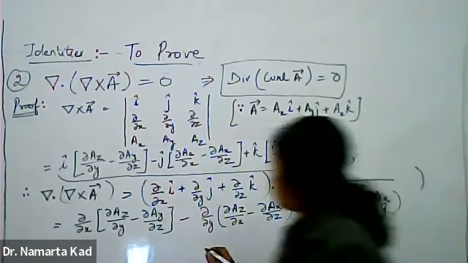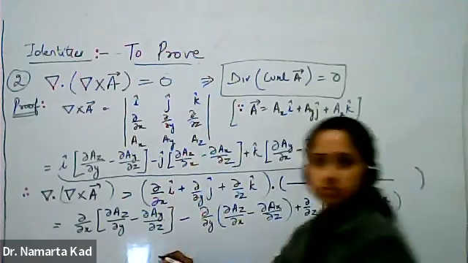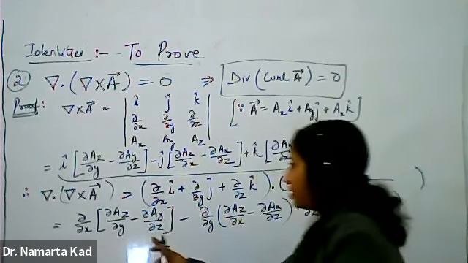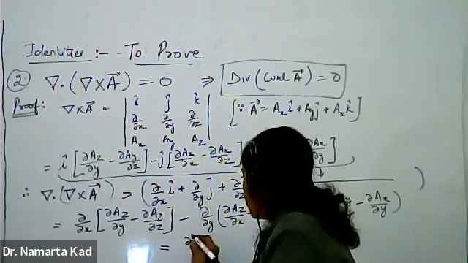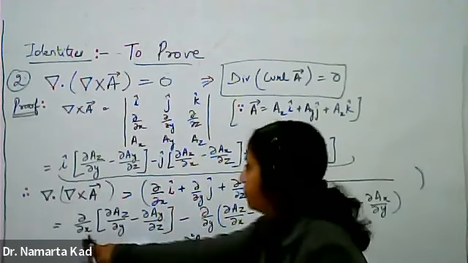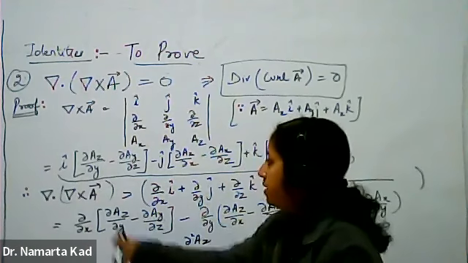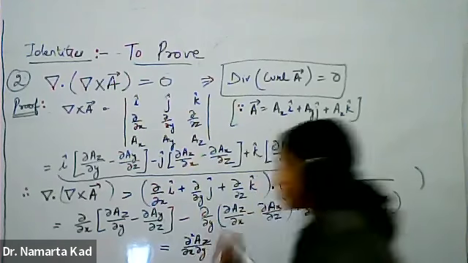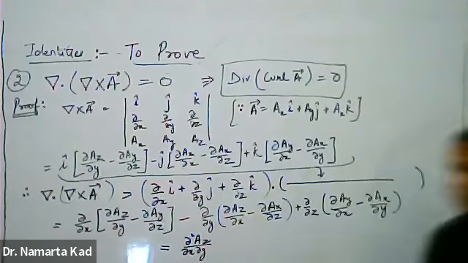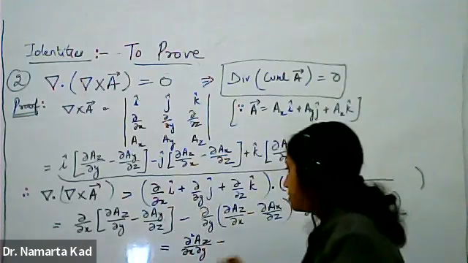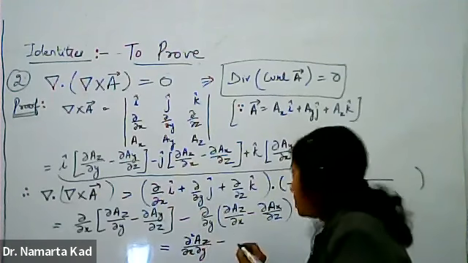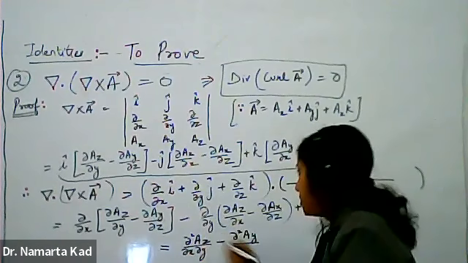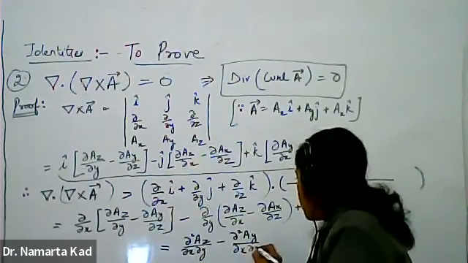It is the next step. So just open the brackets, so it comes out to be curly square az, the first one, curly square az by curly x curly y, like this. Okay, minus curly square ay by curly x curly z.